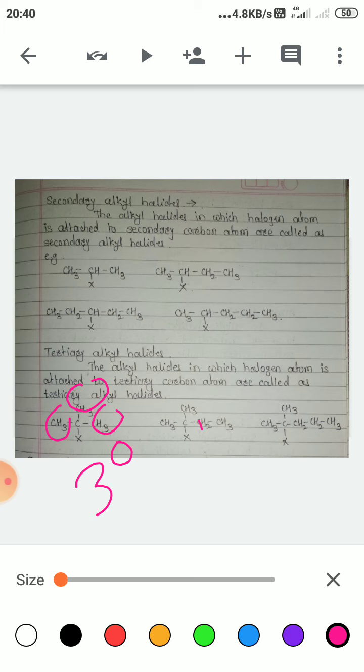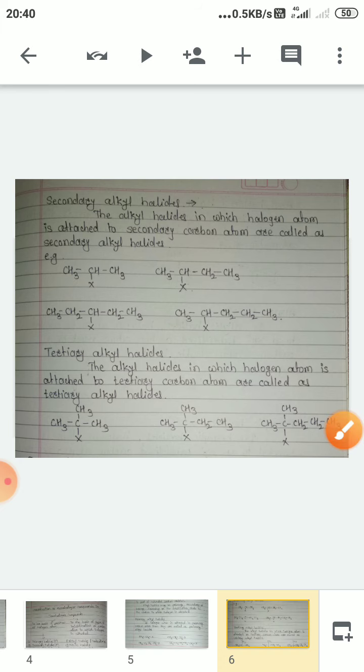Here the halogen atom is attached to a carbon atom and that carbon atom is bonded to three other carbon atoms, therefore this carbon atom is a tertiary carbon atom, and therefore the halides are called tertiary alkyl halides. In a similar way, we have taken the example of hexyl. Here also the halogen atom is attached to a carbon atom which is bonded to three other carbon atoms, and therefore all these are examples of tertiary alkyl halides. Okay.